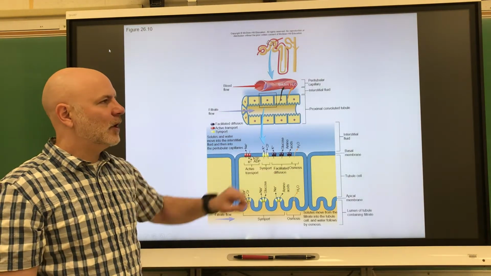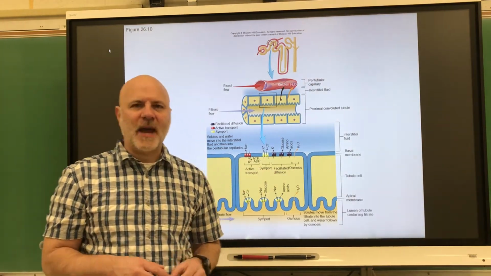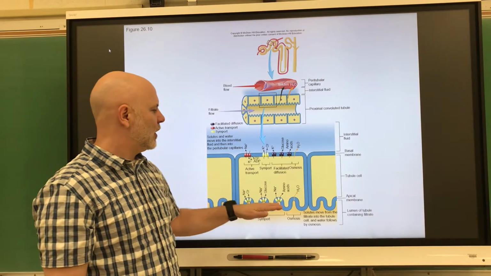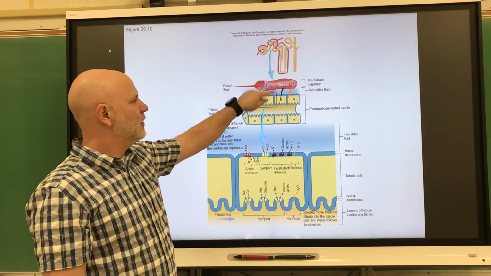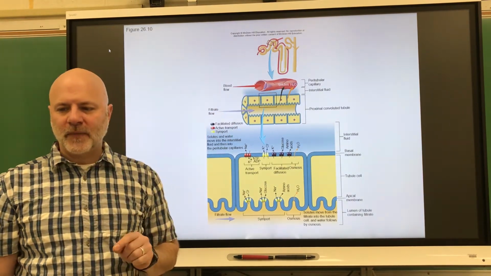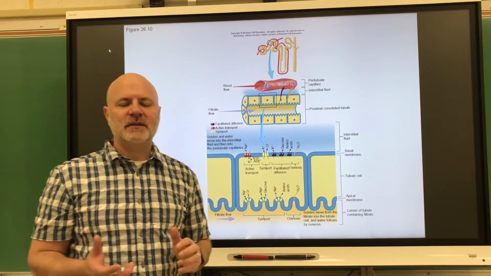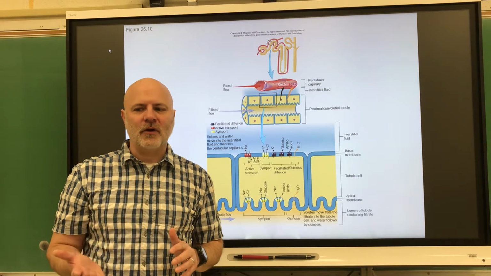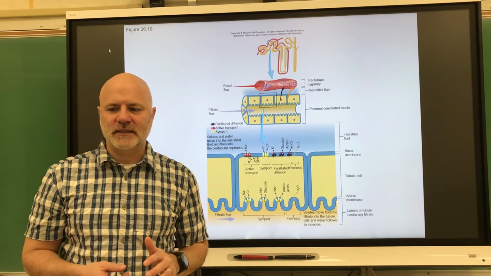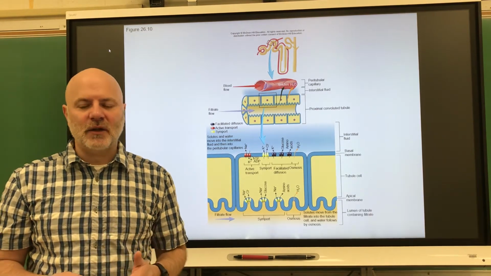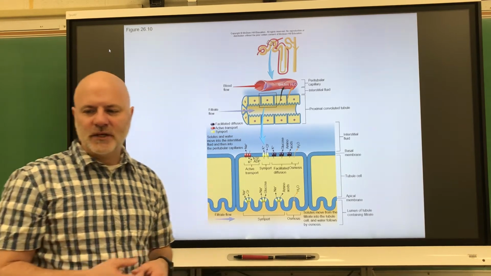You overload your transport maximum, meaning you have more glucose in the tubule than you can reabsorb back into the blood. Because of that, more water stays in the tubule, which leads to higher urine volumes, known as diuresis. This leads to polyuria, which is excessive urination.